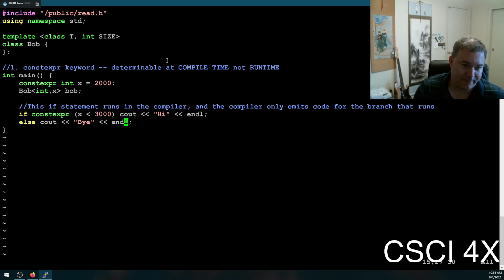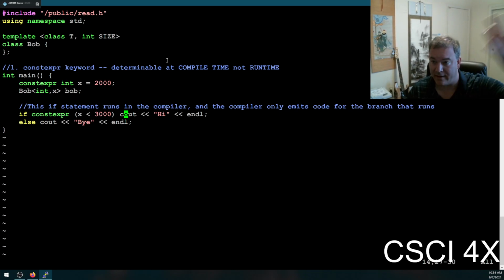So the other branch won't appear anywhere in your output, ever, because x is 2000. Using if constexpr, you can eliminate an if, and you can also excise giant blocks of your code.